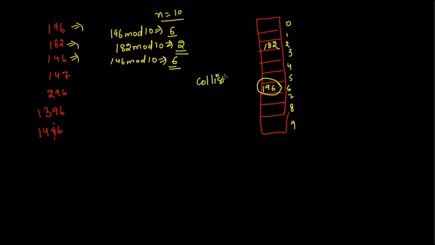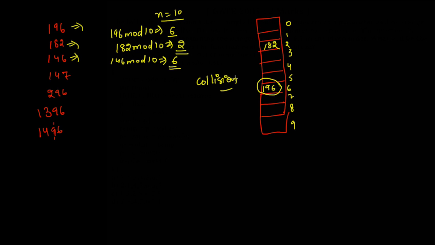Okay, so what is a collision? Collision is when, somewhere in your hash table, a condition arises where at one single index location you want to store two different values, right? So that kind of condition is called a collision.